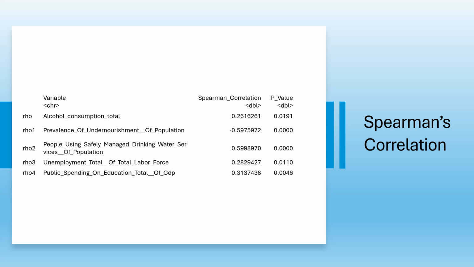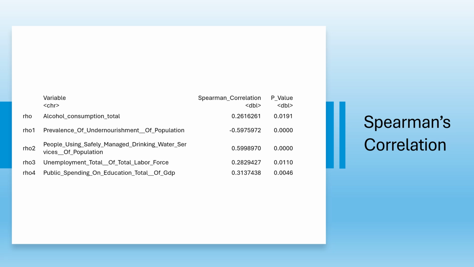Then people having safe drinking water has a much higher correlation and is very significant. The unemployment rate of the labor force has a slight correlation and is also significant.